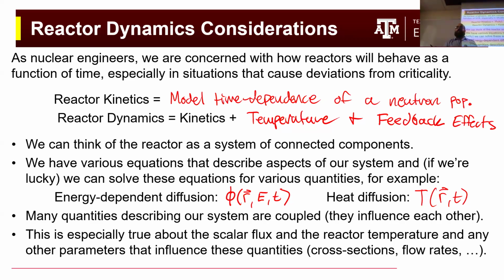The flux and the temperature are coupled, for the reasons that we've been talking about. Hopefully it's intuitive that these quantities affect each other, and that if we make some change to our system, it can affect other things. That's something we want to keep in mind, especially when we're talking about doing reactor dynamics.